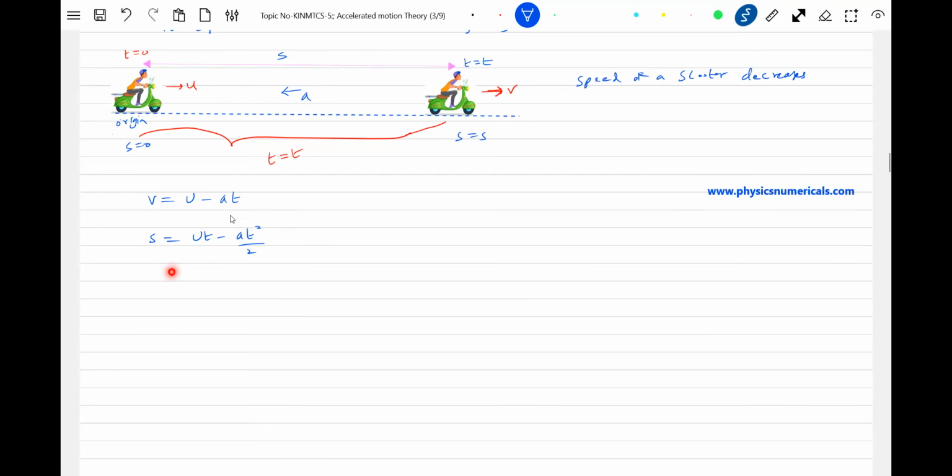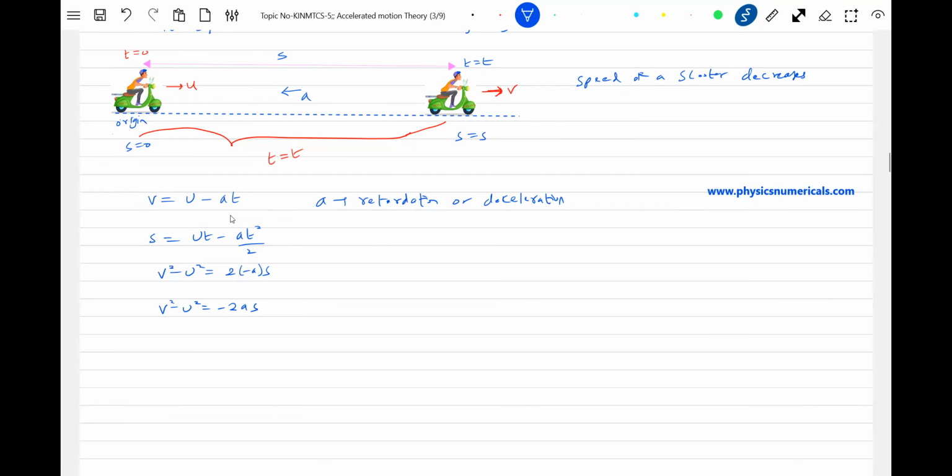Then v square minus u square equals minus 2as, where this A is called as now retardation or deceleration. Either way you can call it. A is called as retardation or deceleration.